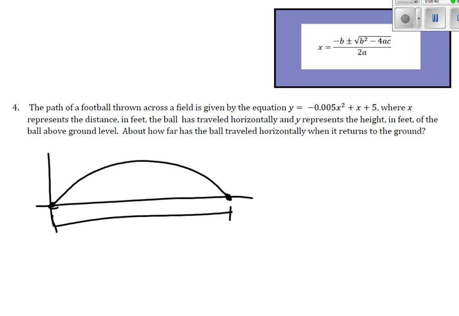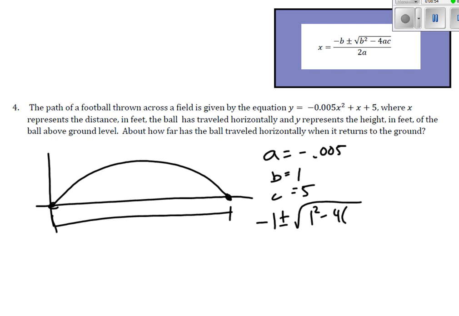Oh, wait, we can. It's called the quadratic formula. So A is negative 0.005, B is 1, C is 5. So it's going to be negative 1 plus or minus square root of 1 squared minus 4 times negative 0.005 times 5, all over 2 times negative 0.005.